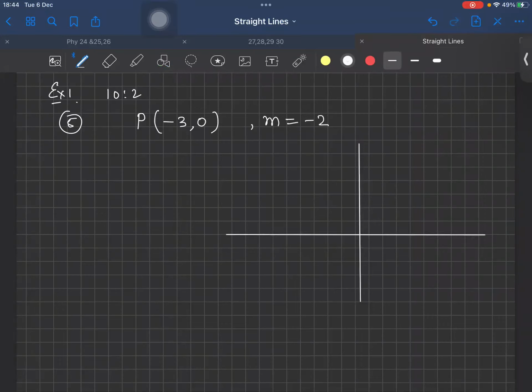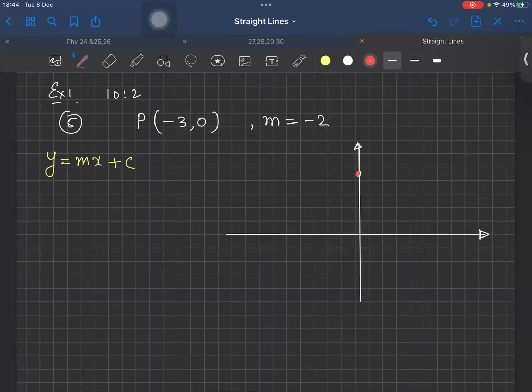Now we know the equation of line is y is equal to mx plus c. And c is your y-intercept, not your x-intercept, right? Let's say c is here. We don't know where c is, so let's assume c is here. Of course, it won't be here, it should be on the negative side.